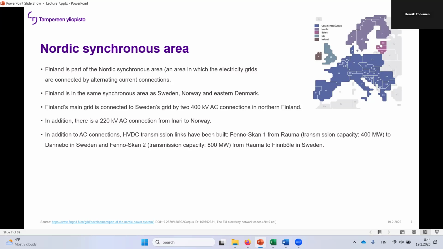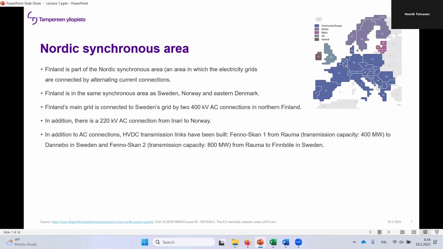And then there are high voltage direct current transmission lines. So the DC cables, rather than using alternating current, use high voltage direct current. I'm not an electric engineer, so I would probably butcher the explanation, but the transmission losses are smaller this way.